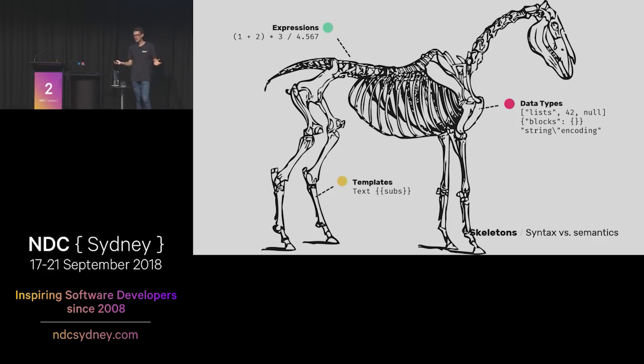You might have expressions. There are data types like strings and lists and numbers, and no one goes out to invent their own decimal syntax. If you've got to encode strings, then you're probably going to adopt something like JavaScript strings or SQL strings. Because of this, there are only really a few skeletons for most of the kinds of languages that you might write. I can't sit and write the correct code for an expression parser like the one we were just looking at off the top of my head.